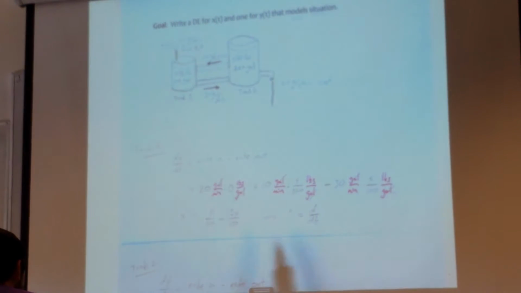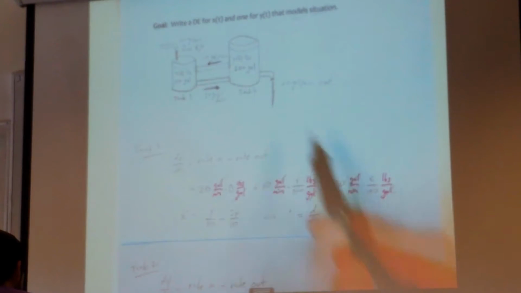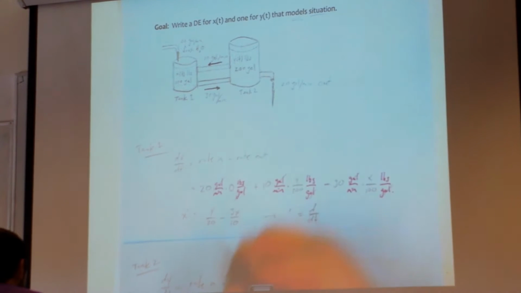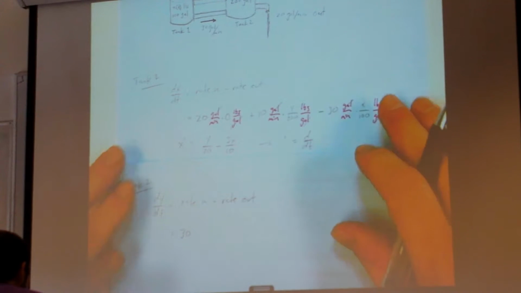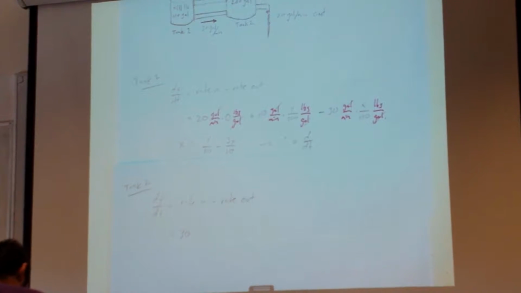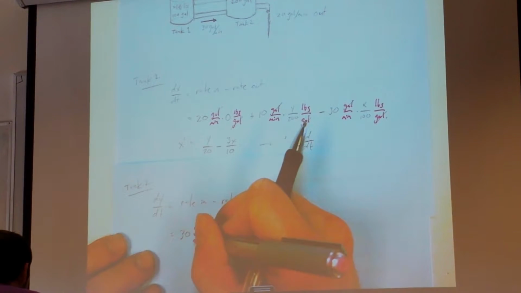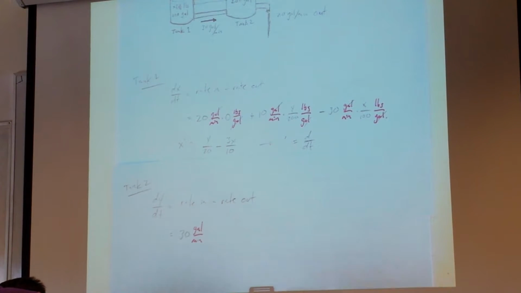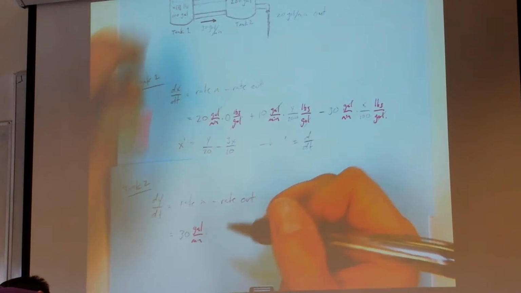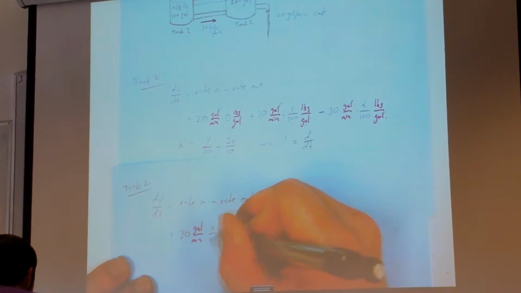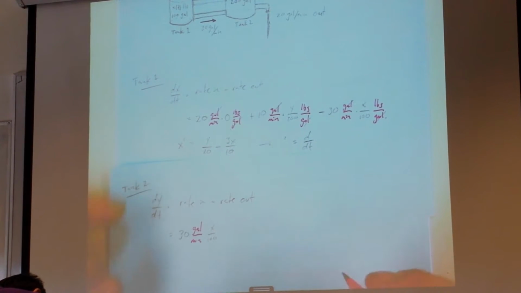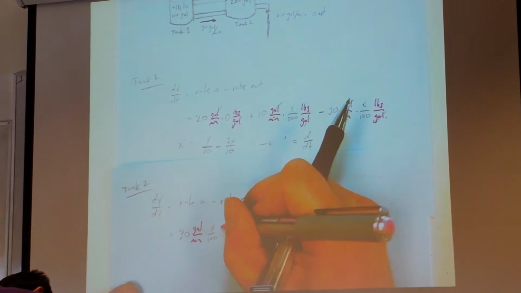We got that 30, which was flowing out of tank 1, so that was in the out business. Now it's flowing into tank 2, and that's a positive 30 gallons per minute. And we already know about the concentration of that, coming in at x over 100 pounds per gallon.